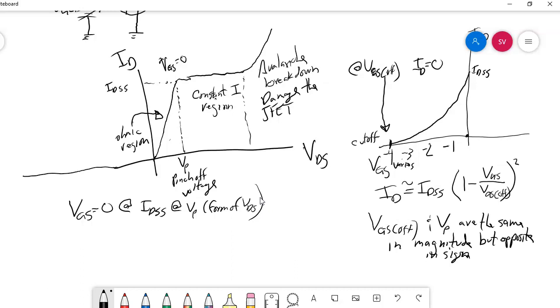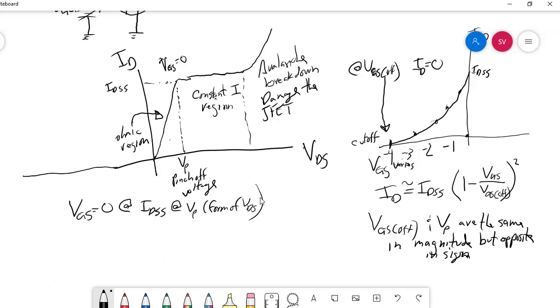Here, to calculate the drain current at any point in time, based on what our VGS is, so if I want to find the drain current here, or here, or here, or here, I use this formula. Drain current is approximately equal to the maximum drain current times the quantity, 1 minus the gate to source voltage, so that would be the gate to source voltage at one of these points here, over our VGS cutoff, squared.